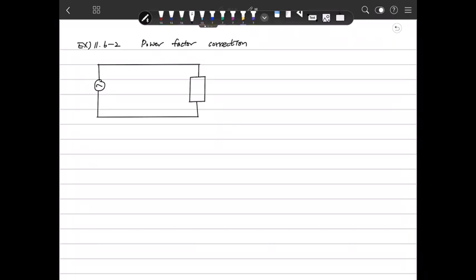This is a G, and the G is 100 plus j100. So maybe this is an inductive load.